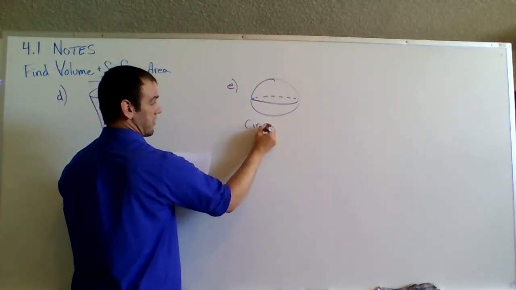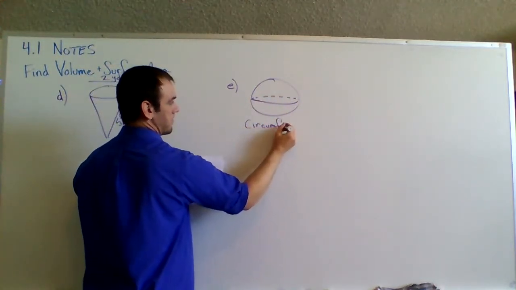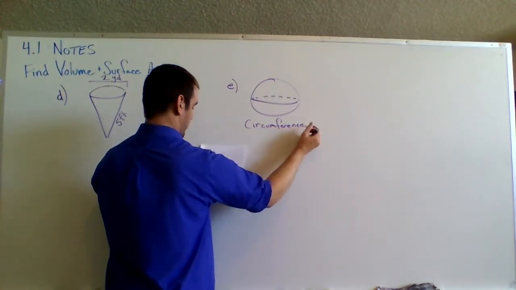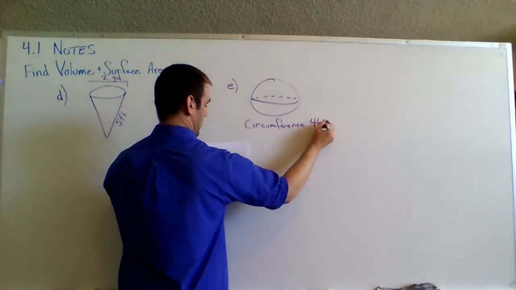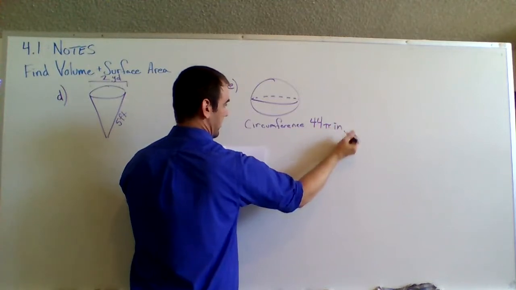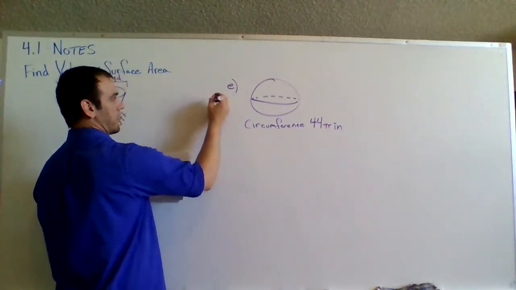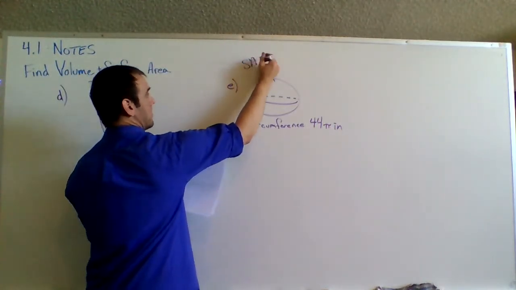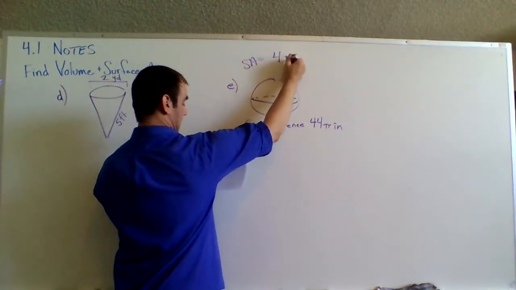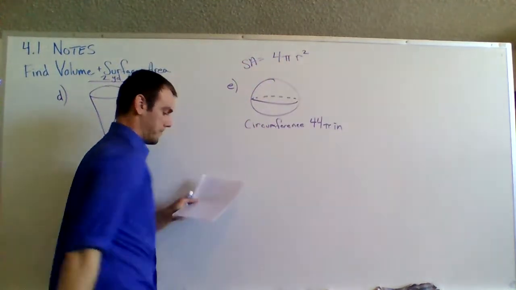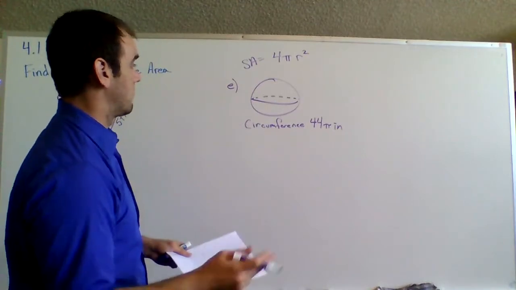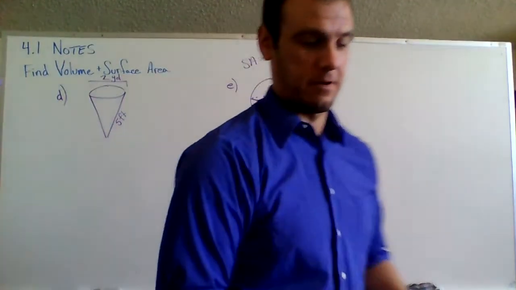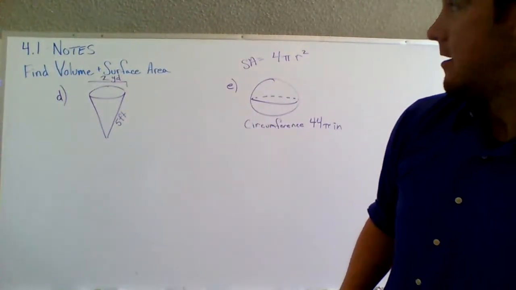I'm just going to tell you the circumference. It's going to be 44 pi inches. I'll also tell you the formula for surface area is going to be 4 pi r squared. Then we'll save this last crazy one, we'll save that guy for a minute.